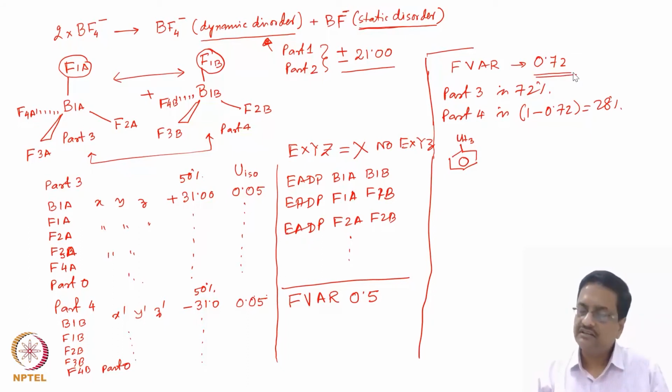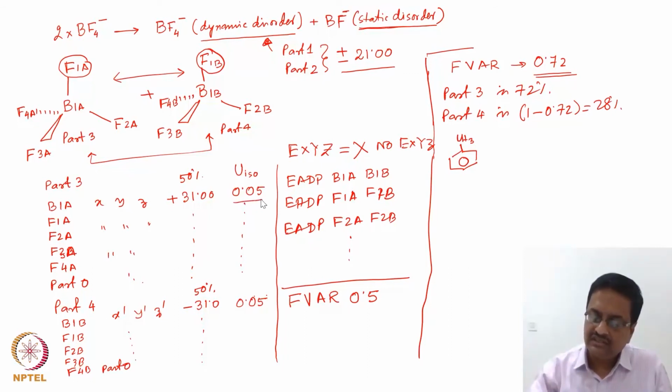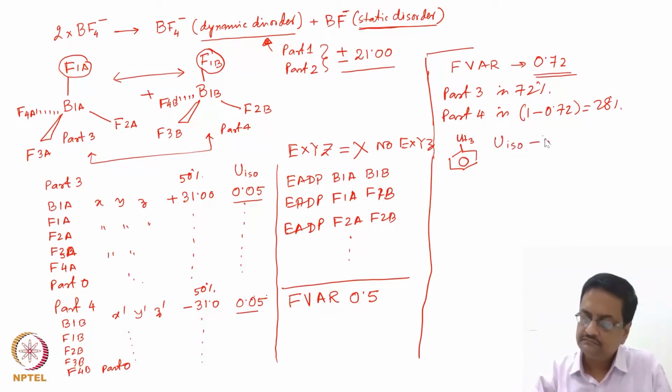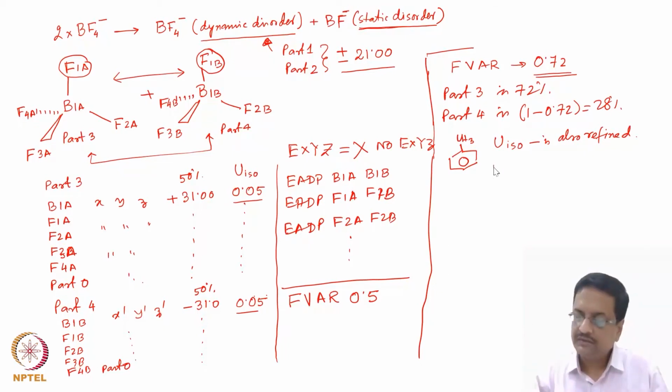So once you complete this refinement, then you will see that these U-iso values are also getting refined. And it takes some reasonable value, which may be something like 0.0232, 0.0242, like that. All will have very similar U-iso parameters.